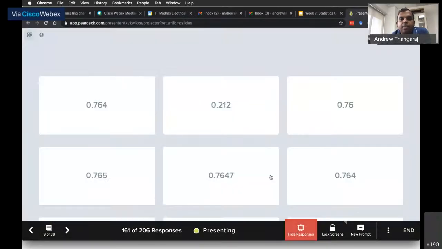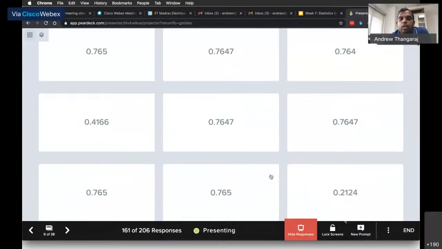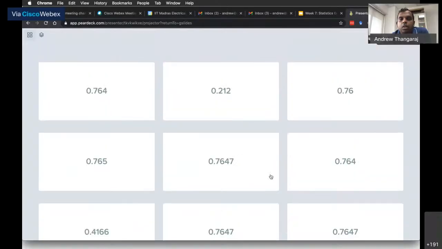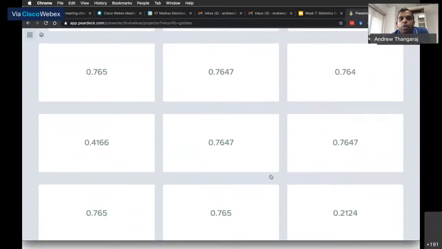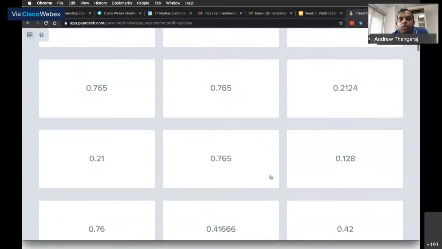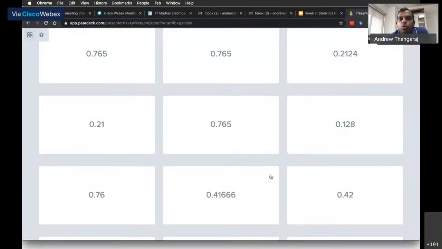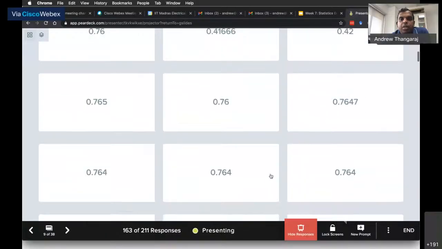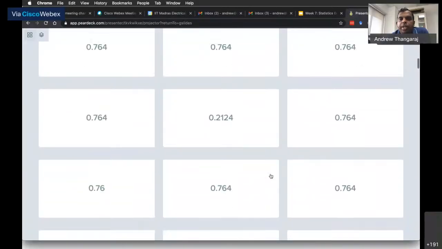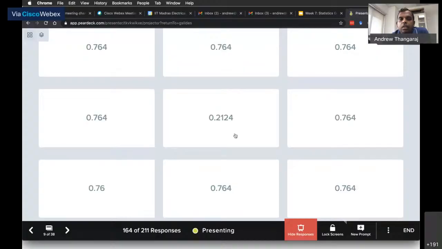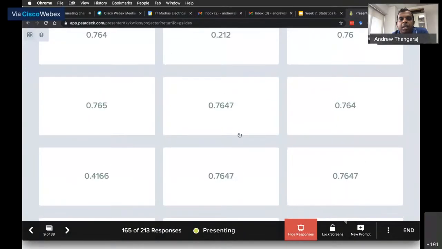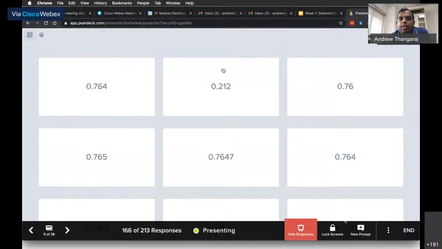There's a popular answer which is 0.764. There's also 0.2124. That seems to come quite a bit. I'm intrigued by this 0.2124. I didn't get the 0.2124. 0.76 seems to be a popular answer. And I keep seeing this 0.2124, which maybe we answered as the probability that the second ball is red.